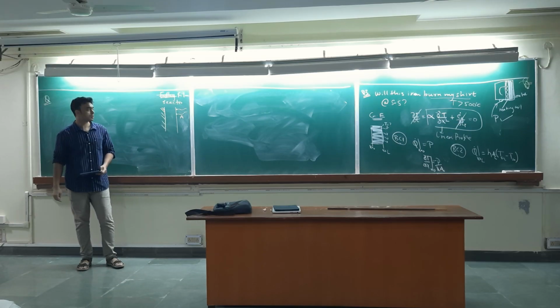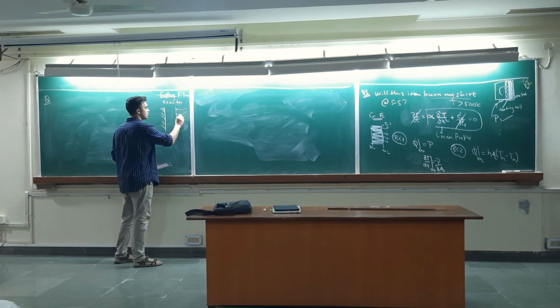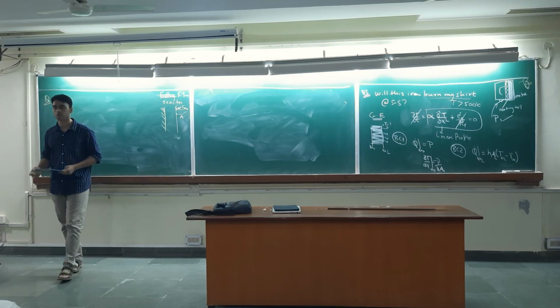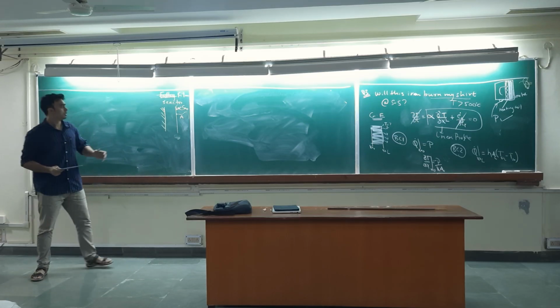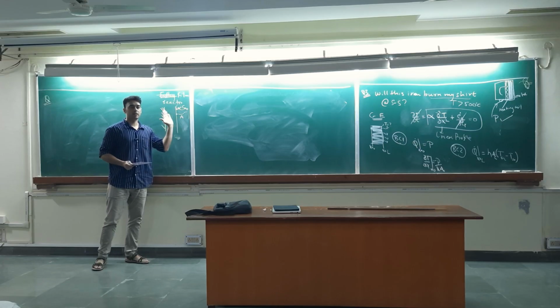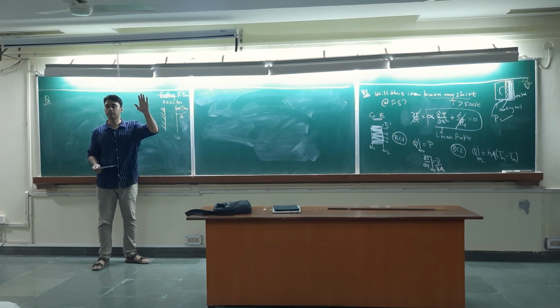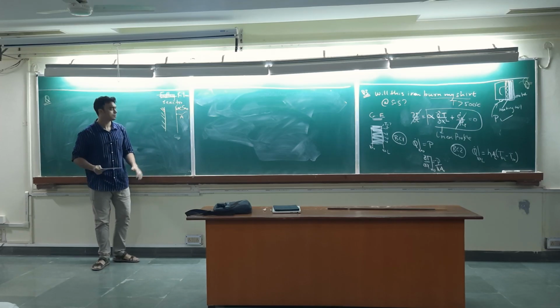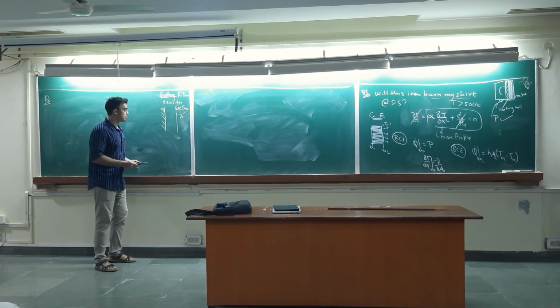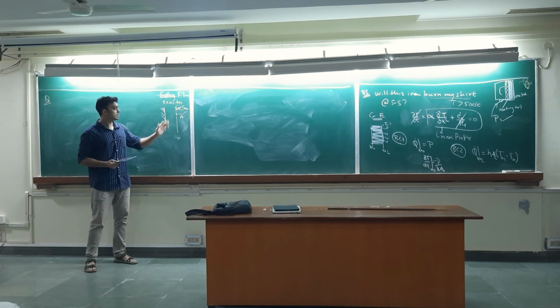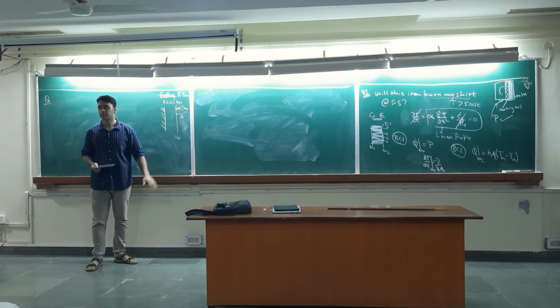You can again imagine that at this boundary CA is equal to CA naught, some constant value, which is in the ambient also, meaning that the mass transfer coefficient is really high, just like what we discussed. It's entering this, but there is very little gradient in the ambient.